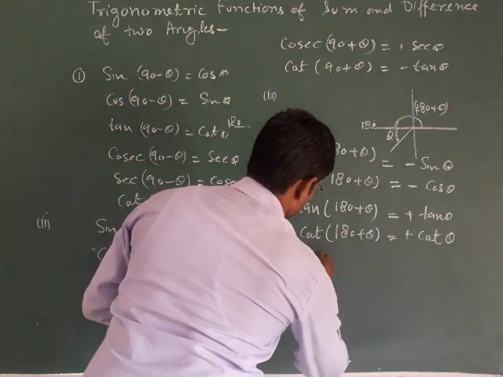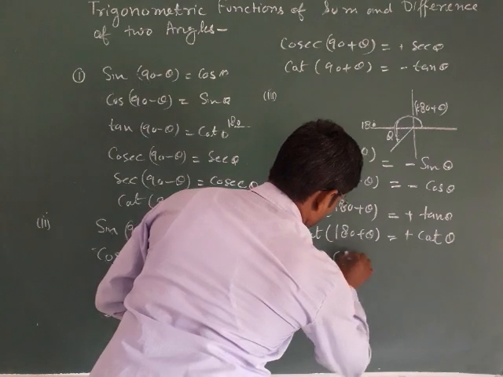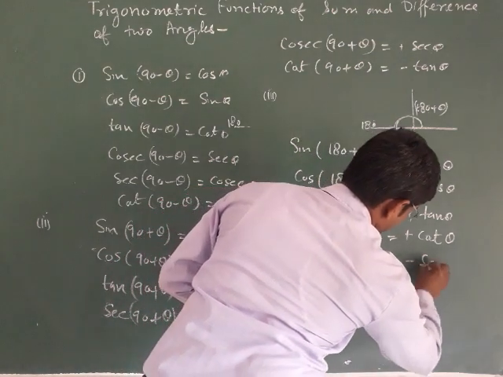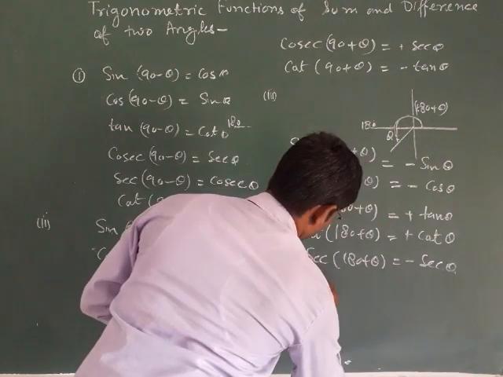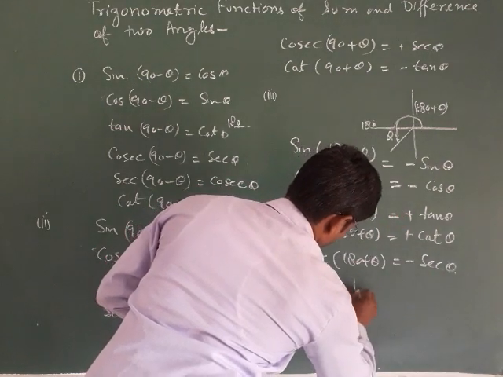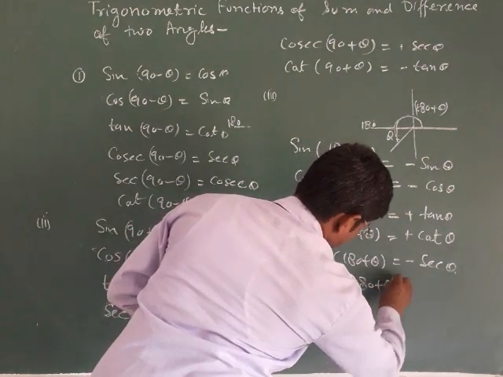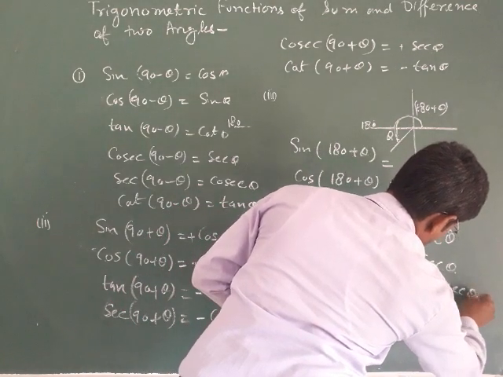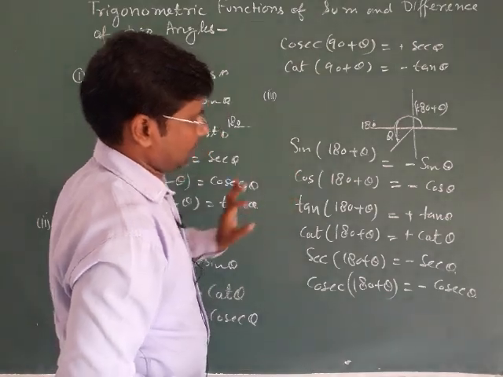Sec of 180 plus theta is equal to minus sec theta, and cosec of 180 plus theta is equal to minus cosec theta.